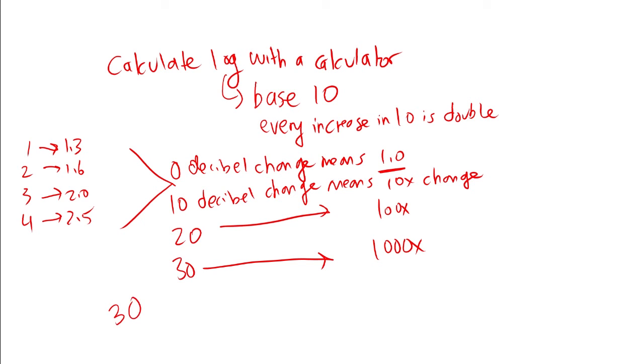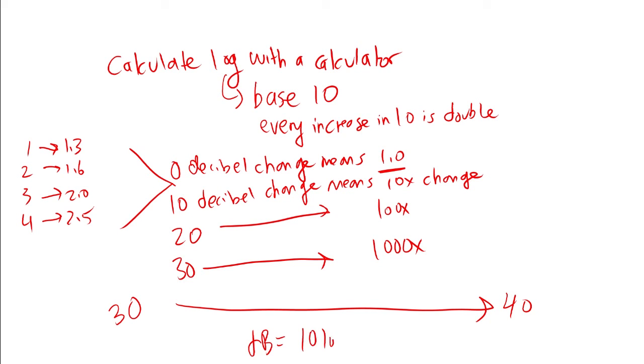So what you'll do, if you're calculating the change, you might say, my signal here is 30. And my signal here was 40. So I can calculate dB of the log of 10 times 40 over 30.